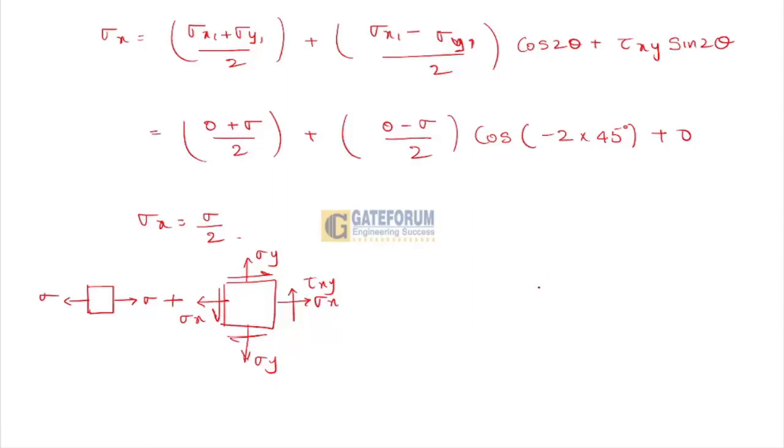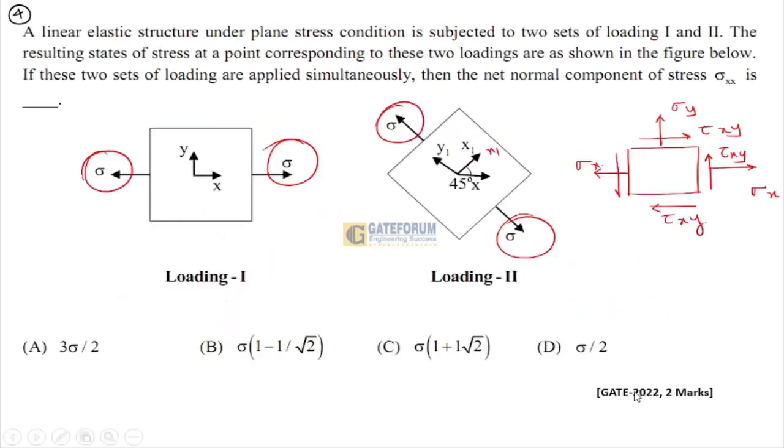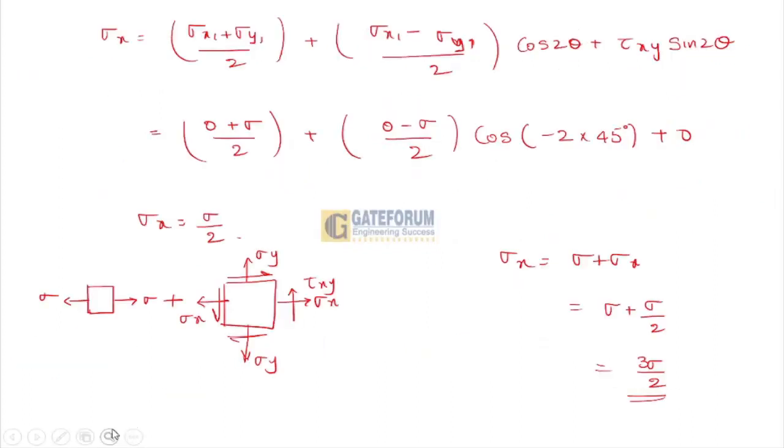For a linear elastic material, I will write sigma x equal to sigma plus sigma x, that is sigma plus sigma by 2, which will be 3 sigma by 2. So obviously the answer is 3 sigma by 2. Option A will be the right answer for the given question. Next question.